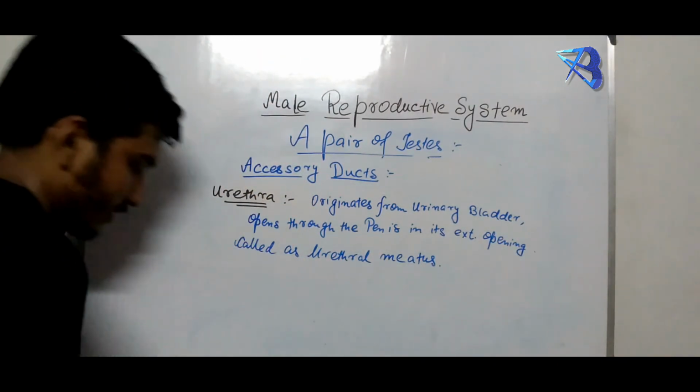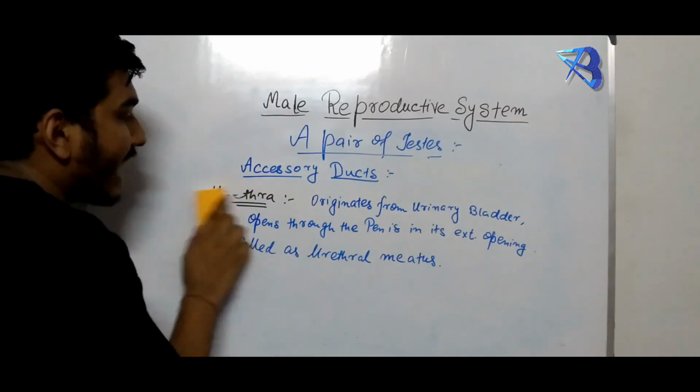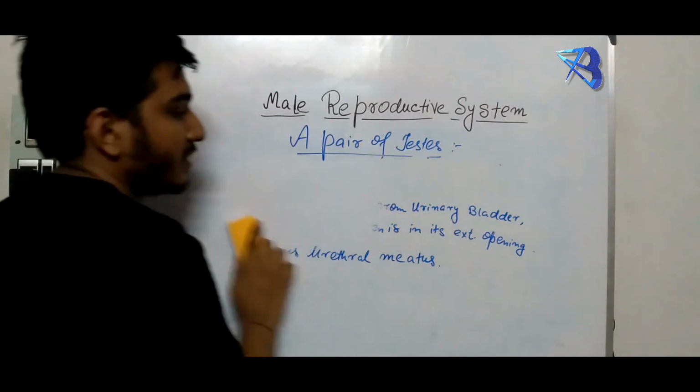This is the part of the urethra. So this was the whole accessory duct.